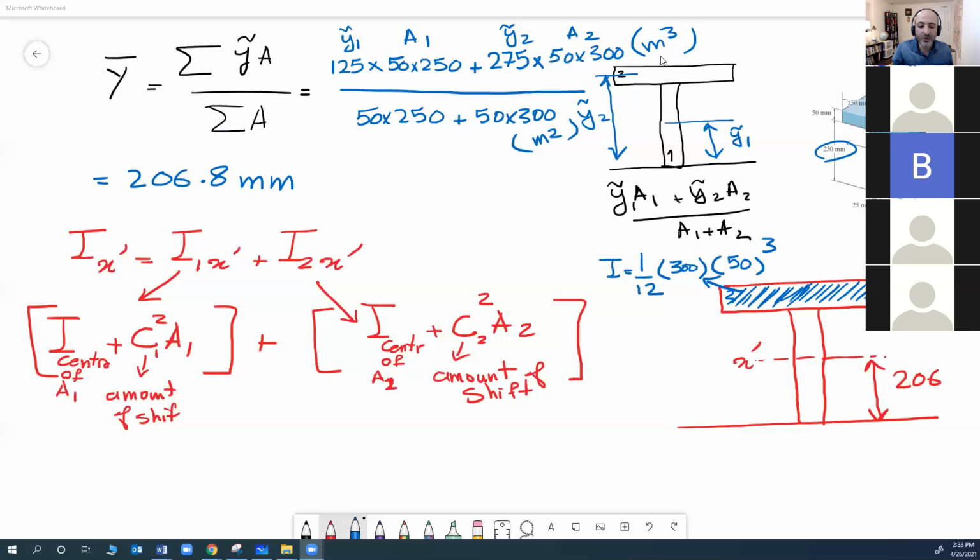What about area 2? I about the centroid of A2 is going to be 1 over 12 something to the power of 3. Which one is B, and which one is H in this case? Which one is parallel to the axis we're looking for?